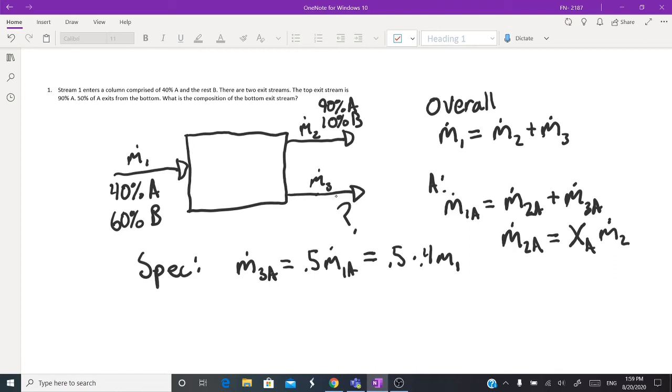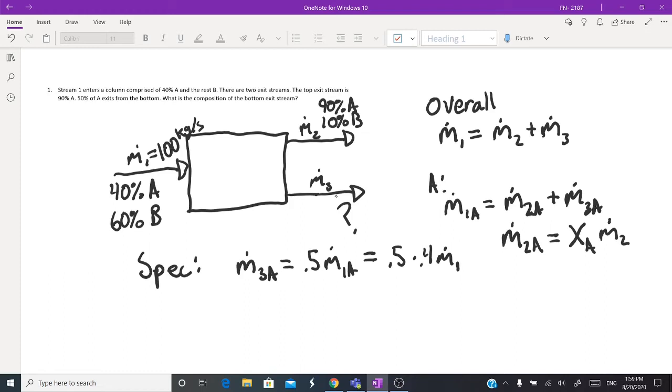We don't actually know M1, it's not given, but what we do in these situations is set a basis. That means we just assume that M1 is an easy number, like 100 kilograms per second. So we can say M1 is equal to 100 kilograms per second.